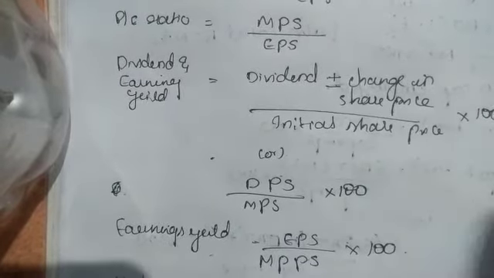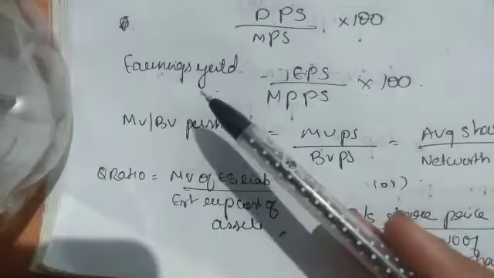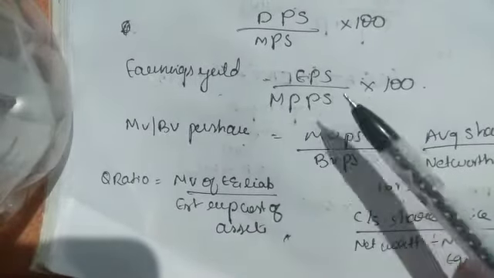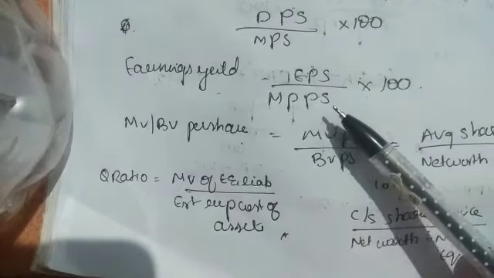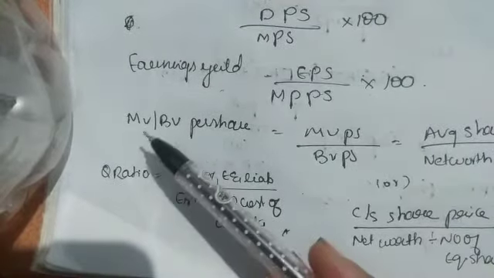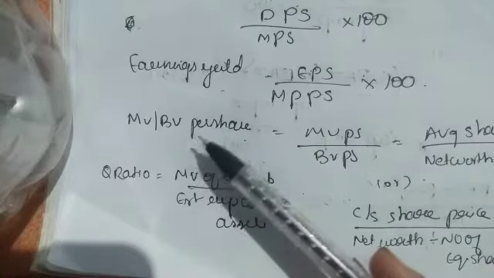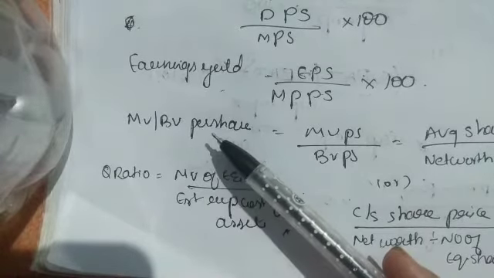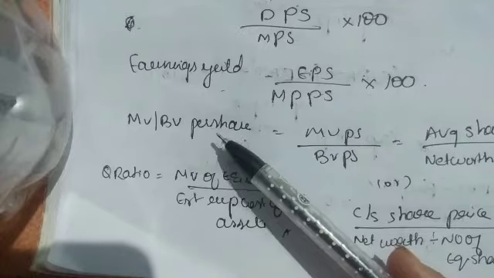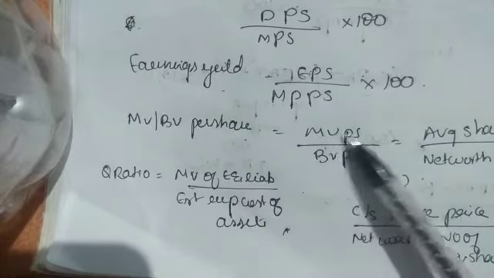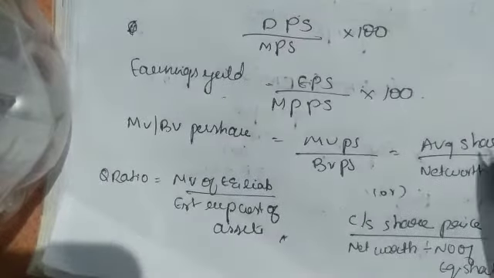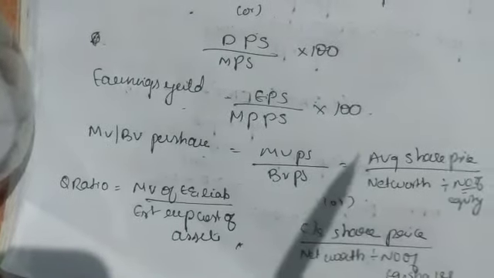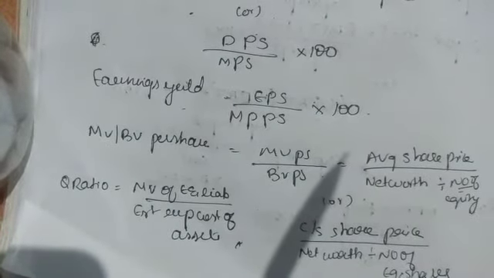The next is earning yield. This is earnings per share divided by market price per share into 100. The next is market value to book value per share. So market value per share divided by book value per share, or average share price divided by net worth divided by number of equity shares.